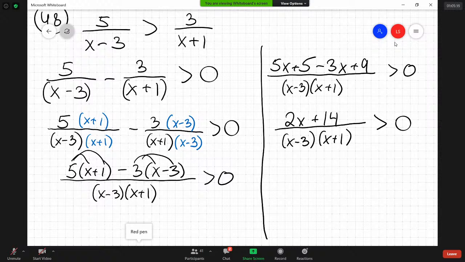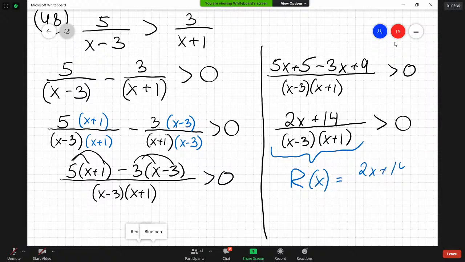If you want, you can leave it like that, or you can factor a 2 from the numerator. That's up to you at this point. But this is our rational function now. This is r of x, and it's equal to 2x plus 14 over x minus 3 times x plus 1.